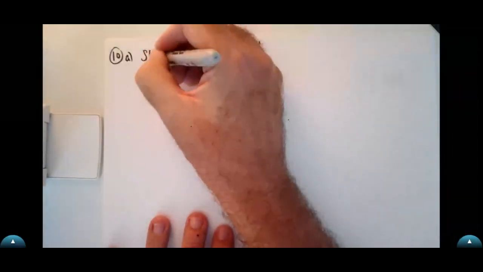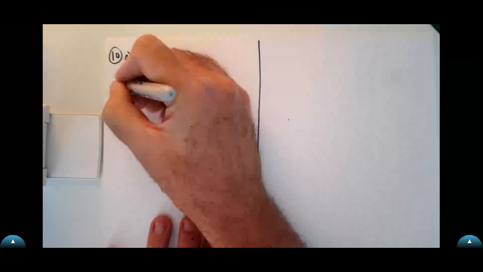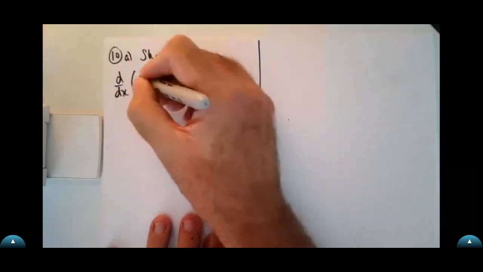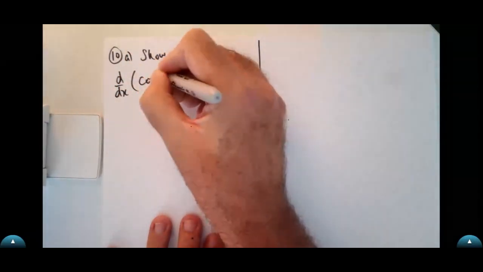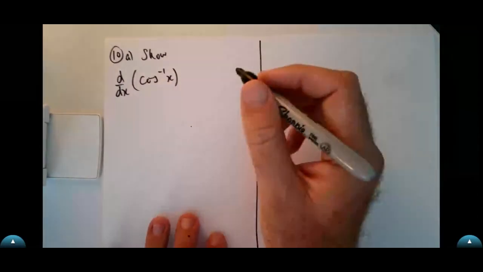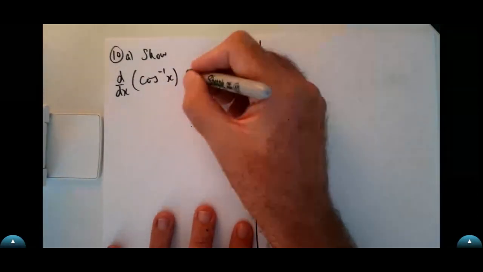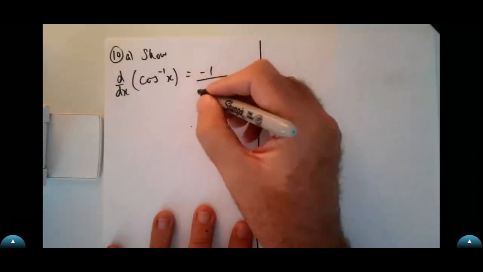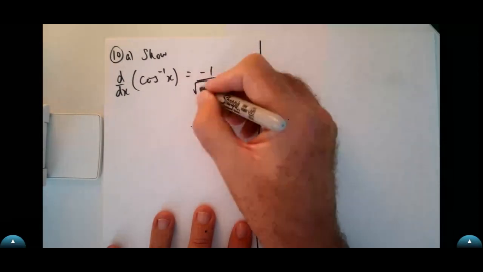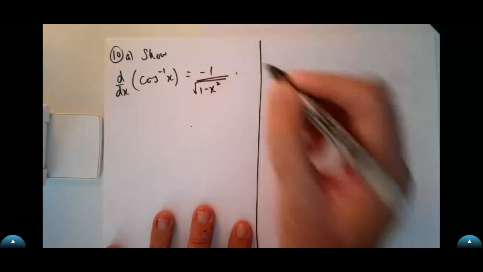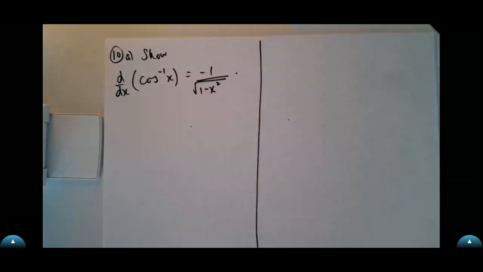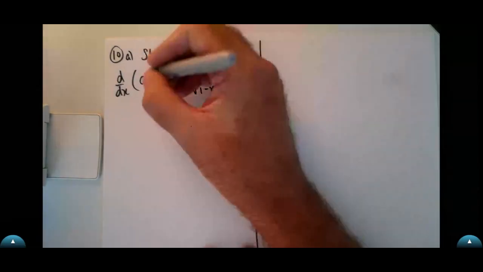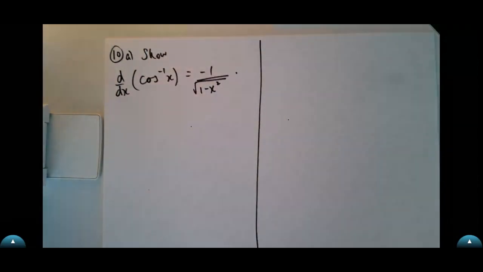All right, so this is question 10A. So we want to show that the derivative of the inverse of cosine is this function here. Now remember, the inverse of cosine is only defined for certain values of x.